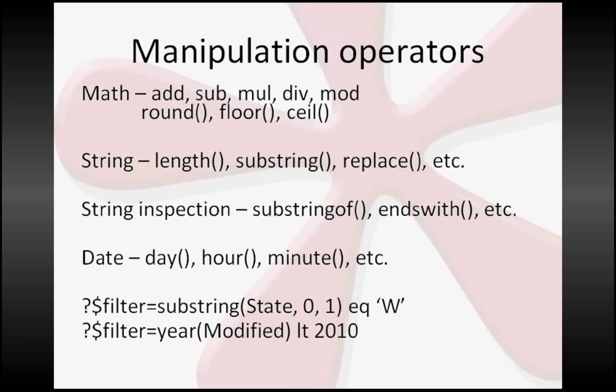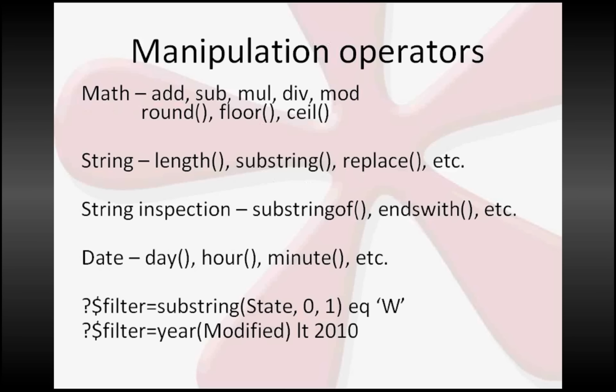And then some other functions for modifying numbers. We've got strings. We can get the length of a string, a part of a string, the substring, replace part of a string, things like that. Or we can check the values of strings with things like substring of, ends with. And we've also got some date manipulation functions.